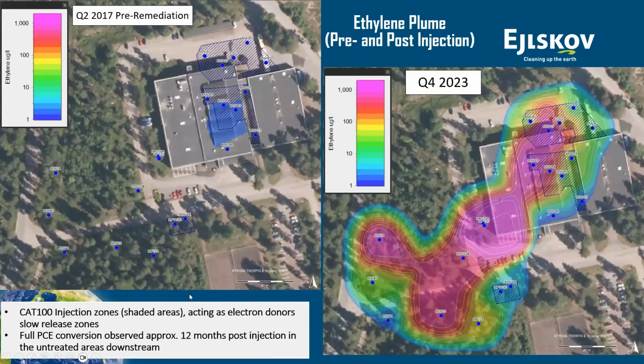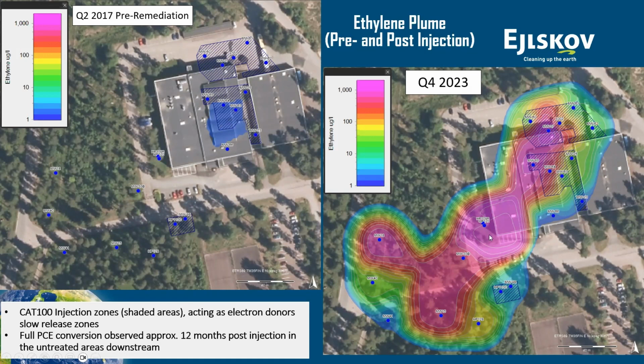And again, as a line of evidence, in this case, as I mentioned, we injected a solid amendment slurry, which has a component as a slow release electron donor. The proof of concept of that donor releasing in groundwater is provided by the generation of ethylene, which was not at all present at the site before the remediation, and then just slowly building up with the plume.